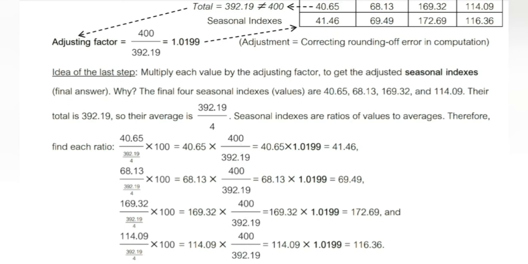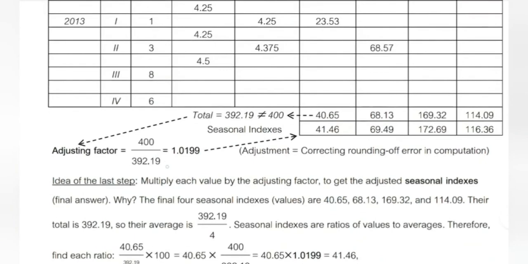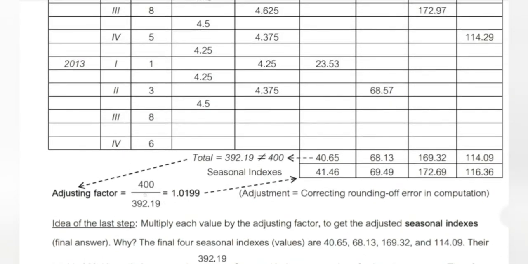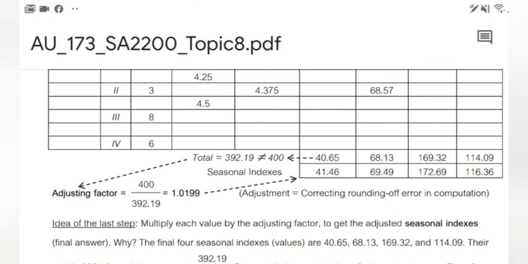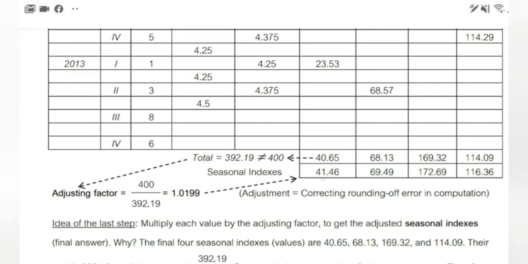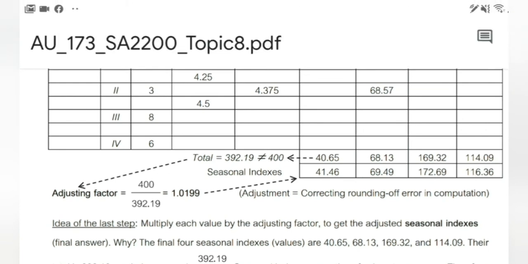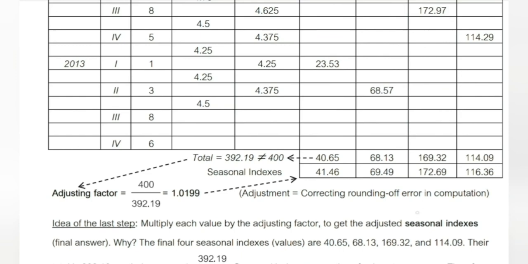This common factor is called the adjusting factor. 400 divided by 392.19 is equal to 1.0199. So you multiply each of the indexes by this factor, then you get the last adjusted seasonal indexes. This is the final answer.